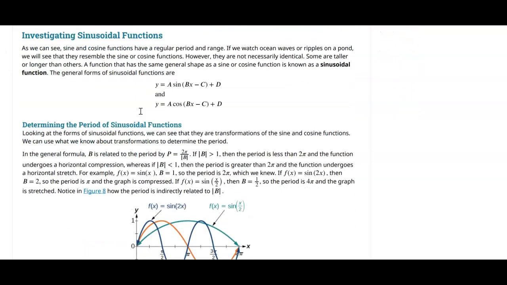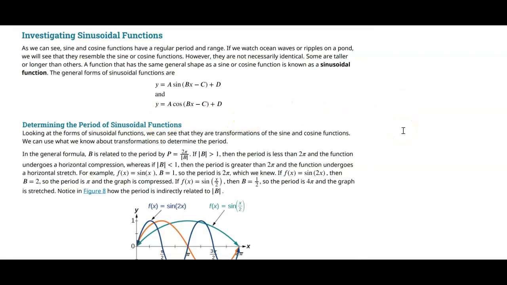We can do transformations on these graphs in the exact same way that we did function transformations all the way back to lines and quadratic functions. The big thing is figuring out what that period of the sinusoidal function is going to be.